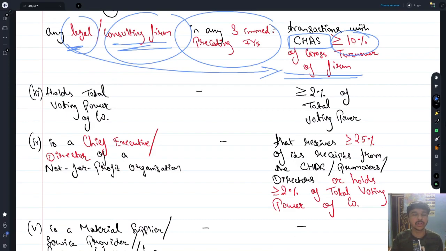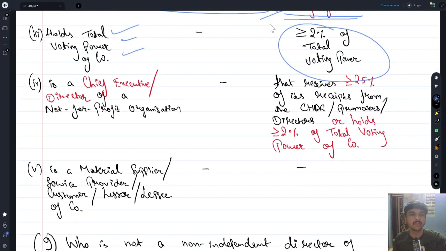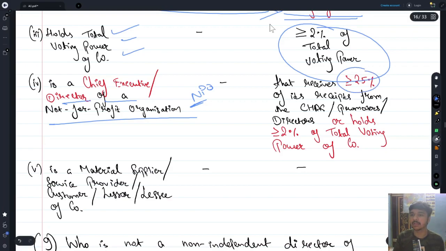Now if you or your relative holds voting power of the company that is greater than or equal to 2% of total voting power, you need to get out. If you or your relative is a chief executive or director of a not-for-profit organization, an NPO, someone working for some good object outside the company or in India, and it is receiving more than or equal to 25% of its total receipts from CHAS or its promoters or directors, okay, more than 25% of what?